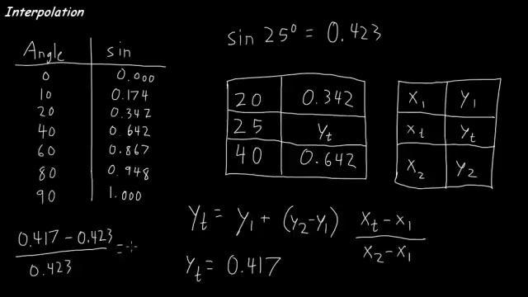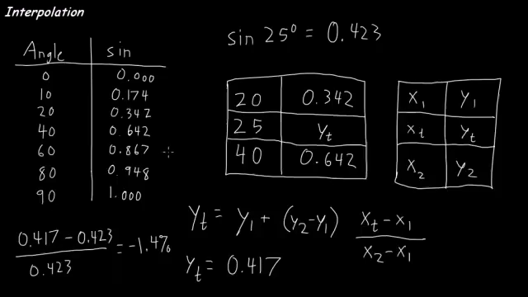And we arrive at negative 1.4%. So in this case, for this example, our approximation was a little bit over 1% away from the true answer. So that's pretty good. If we can get within 1% when we're using interpolation in the real world, we're very happy with that result.